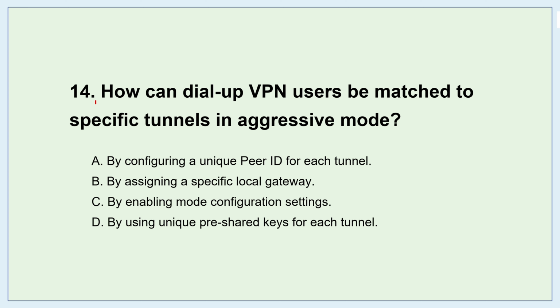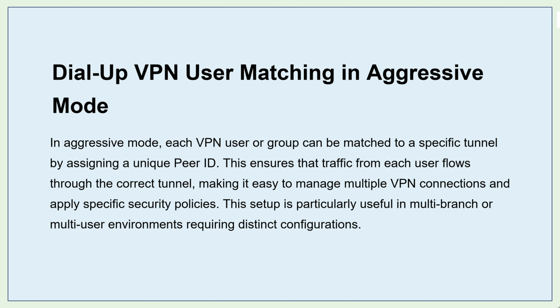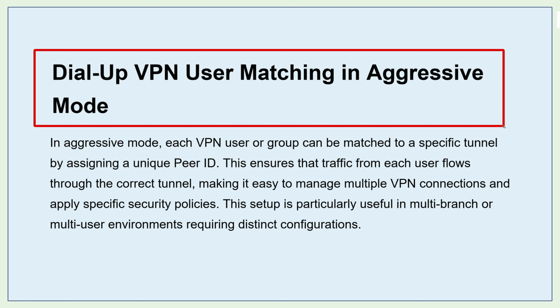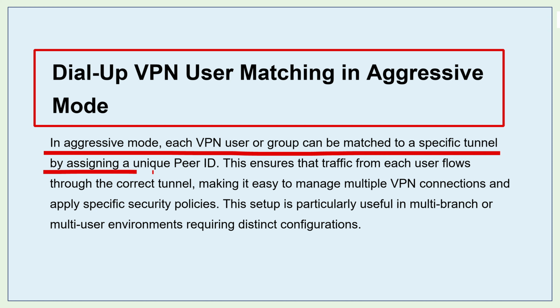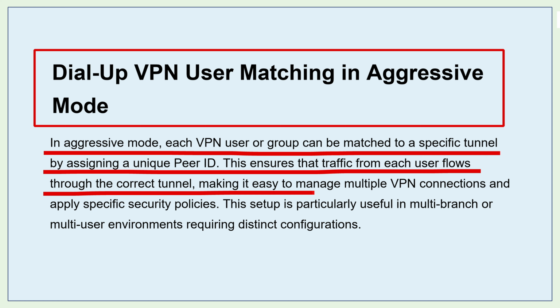Question 14. How can dial-up VPN users be matched to specific tunnels in aggressive mode? The knowledge points of this question are: VPN configuration. Assigning a unique peer ID to each tunnel in aggressive mode ensures that user traffic goes to the correct tunnel.